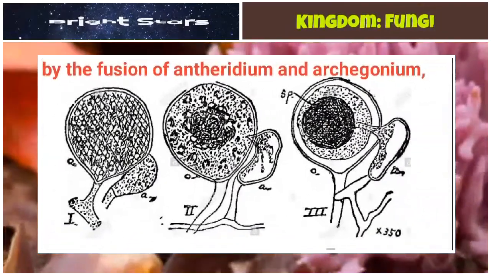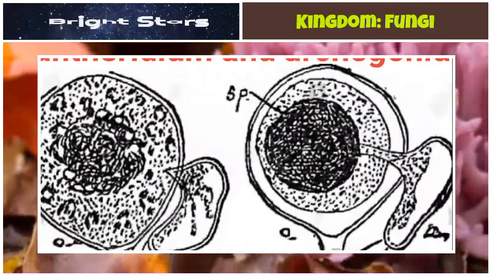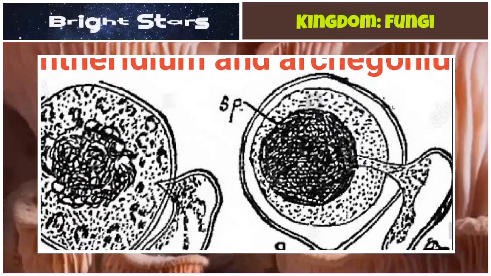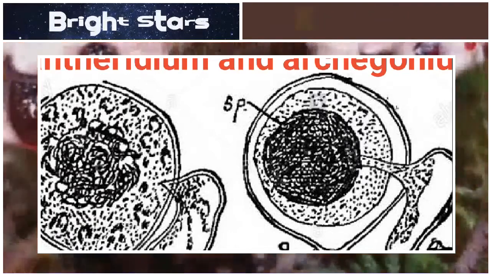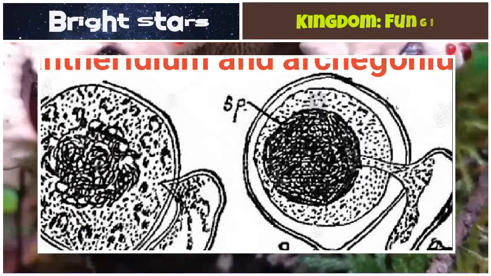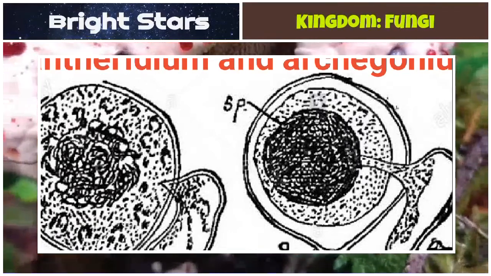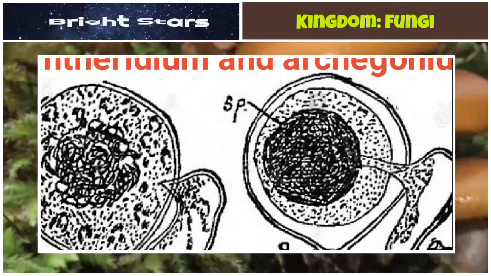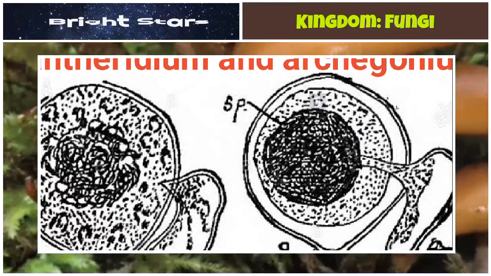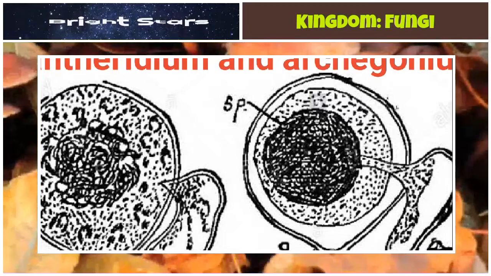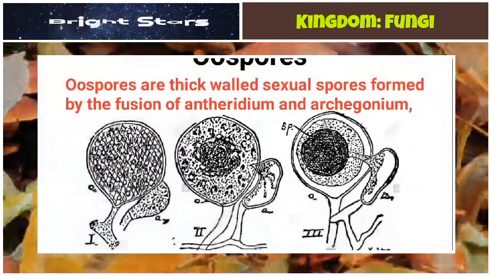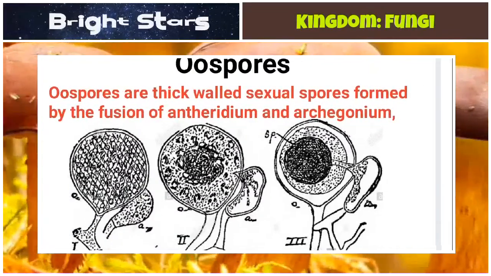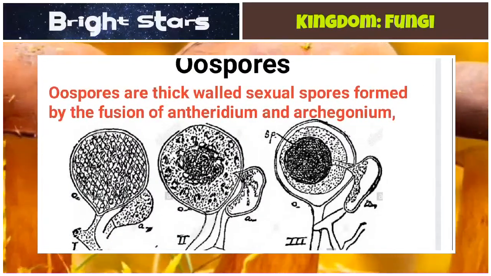Here the female gamete or archegonium is going to be converted into a sexual spore. So the process of sexual reproduction is oogamy. Here the egg is going to be fertilized with the male nucleus. So the resulting sexual spore is called oospore here.